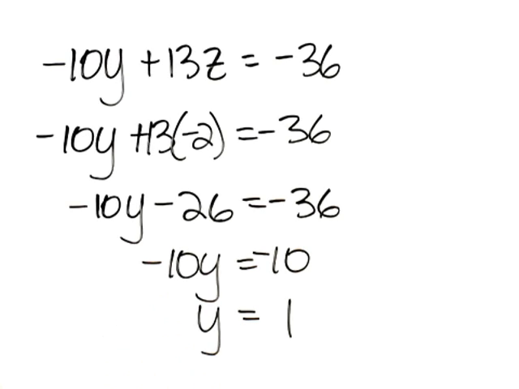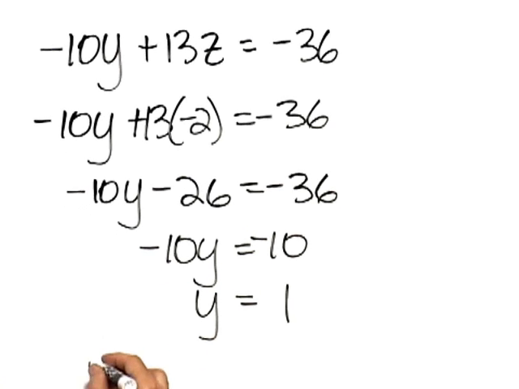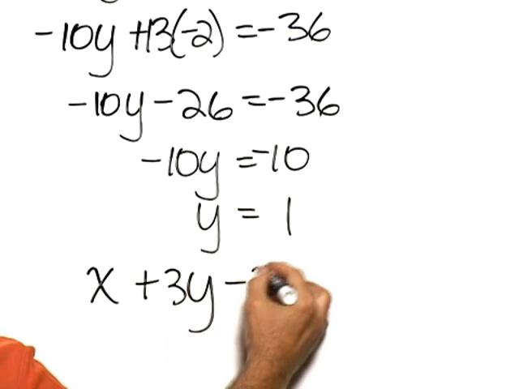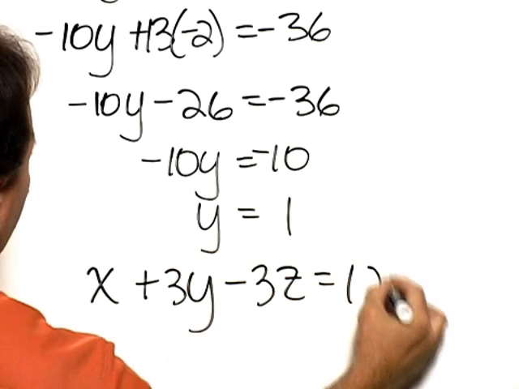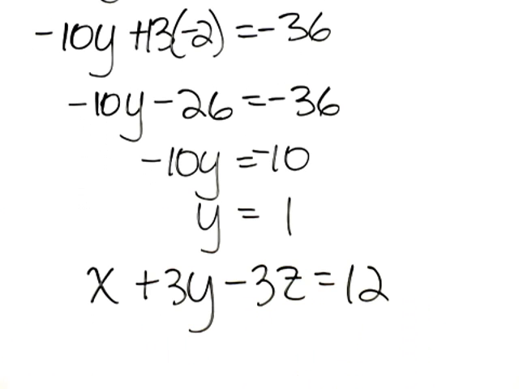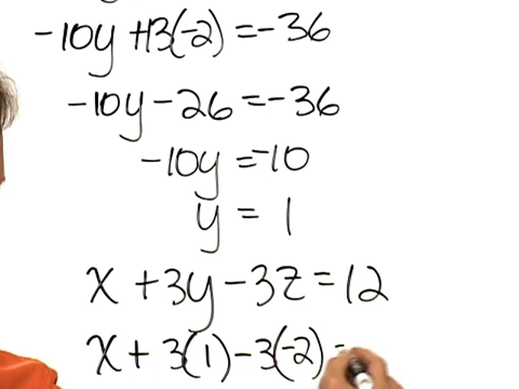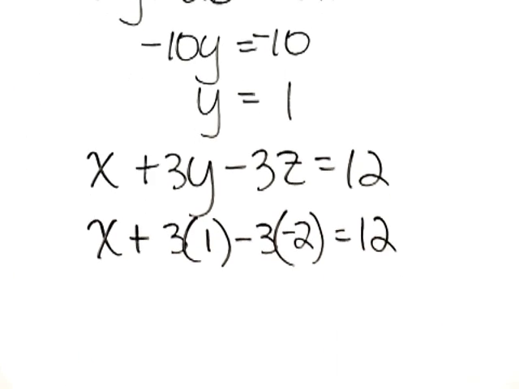From the first row of that matrix, we know that x + 3y - 3z = 12. We now have the value of y is 1 and the value of z is -2. So we have x + 3 times 1 - 3 times -2 equals 12.